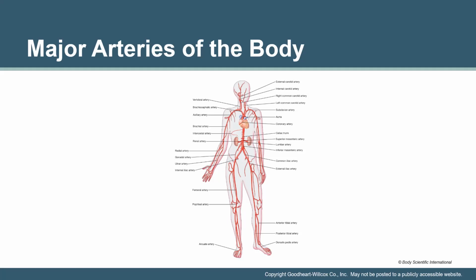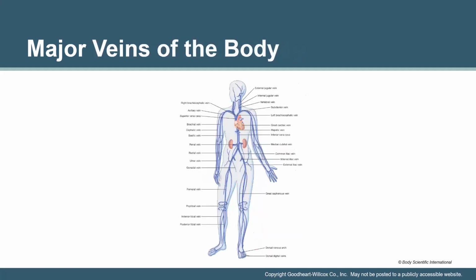Now the veins, I'm actually not going to read that chart because they're very similar. Once again, if you have an artery running through something, most of the time you're going to have a vein traveling the same course, and highly likely it has the same name. There are a few exceptions to that. We don't have carotid veins. We have jugular veins. So they kind of replace that name and word.